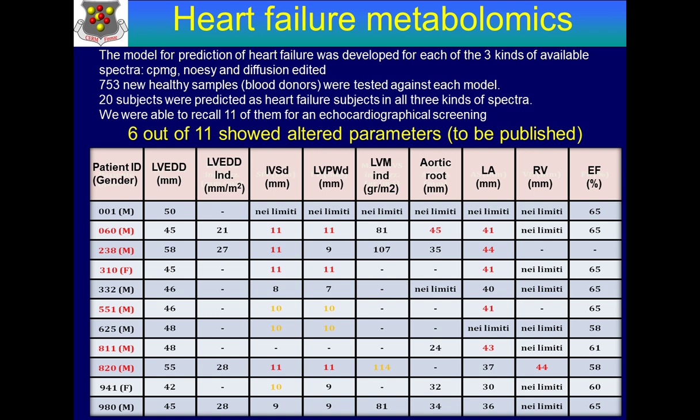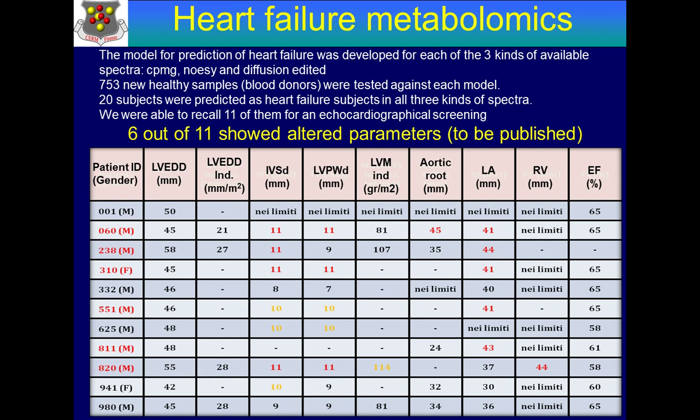And we checked that, and this is not published, on a cohort of more than 700 blood donors, on which we looked for the fingerprint of heart failure. We found 20 of them with an NMR fingerprint of heart failure. We were able to get hold of 11 of these people and ask them to undergo a heart echography.